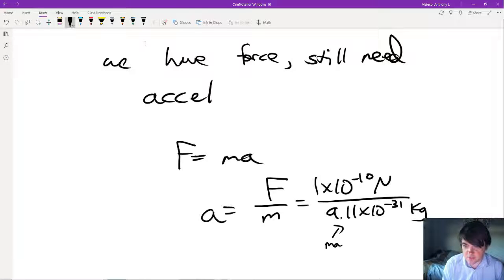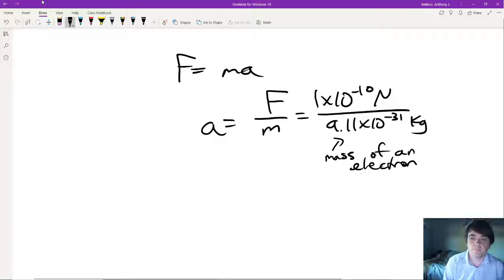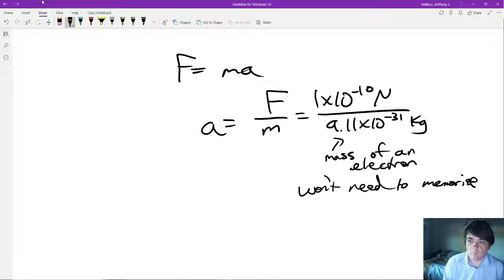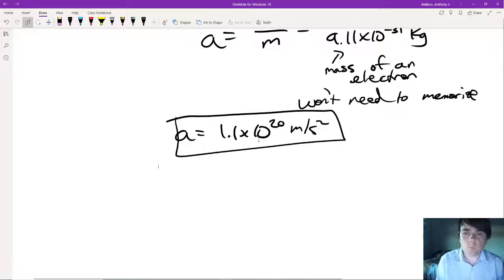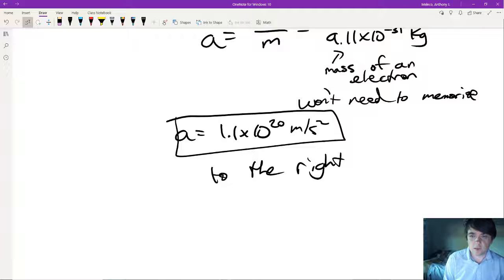This is the mass of an electron, and you won't need to memorize that. So you do the math on this, and a equals 1.1 times 10 to the 20 meters per second squared, which is the unit you get when you divide a newton by a kilogram. And this is to the right, okay?